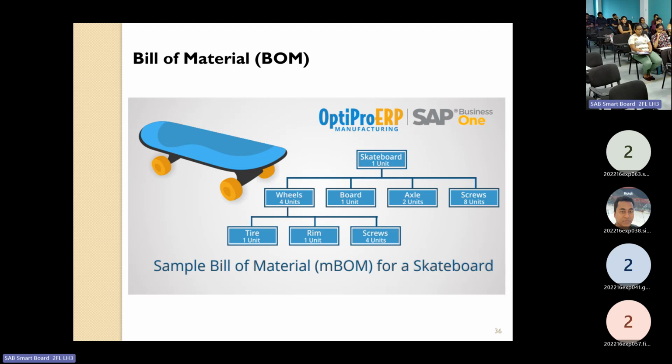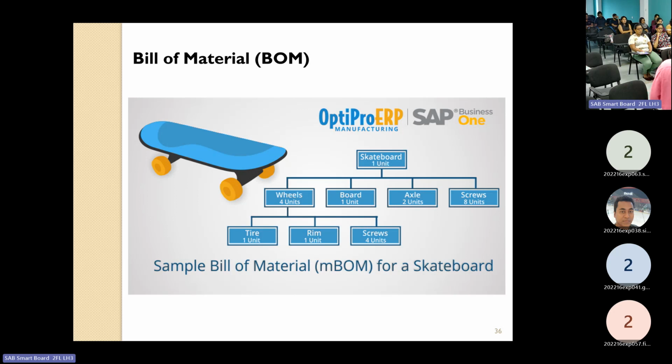Right? 1 unit of the skateboard is made of 4 main components: 4 wheels, 1 board, 2 axles, and 8 screws. And these 4 wheels are made of, 1 unit of wheel is comprised of 1 tire, 1 rim, and 4 screws like that.